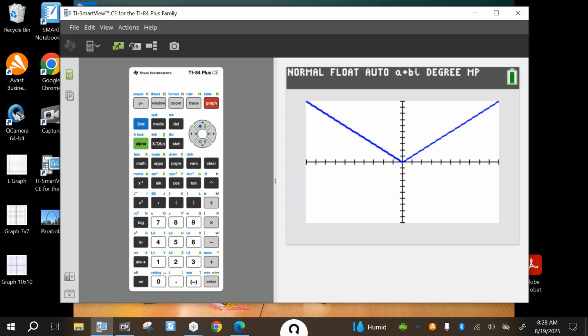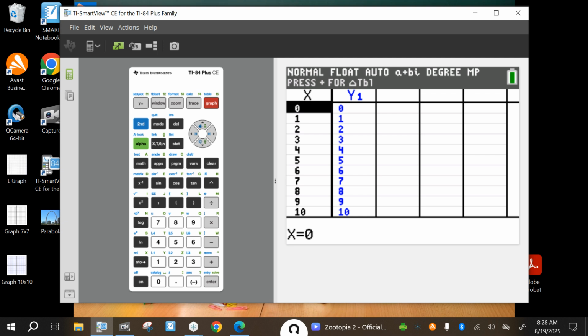What do you think? 1, 1. You're exactly right. If you hit second graph and go to the table, it also gives you some points. And if you were to plot those, can you see how it's like 1, 1, 2, 2, 3, 3, 4, 4? And if you go the opposite direction, so if you go up to the negatives, they're very similar, and that's what makes that V shape.